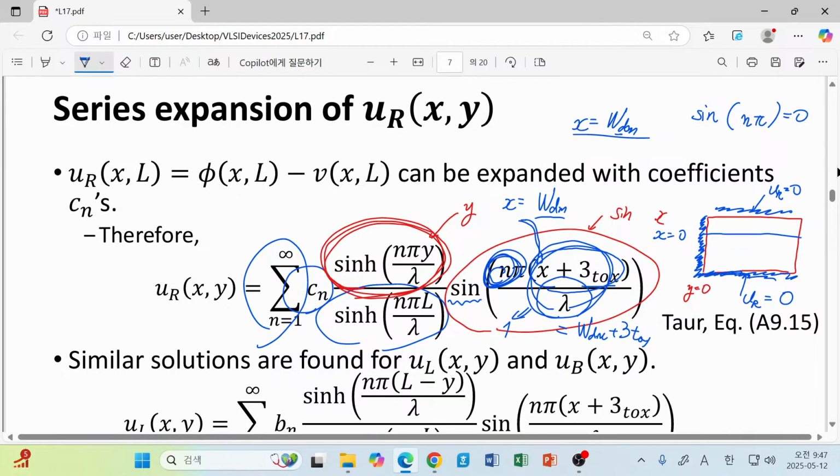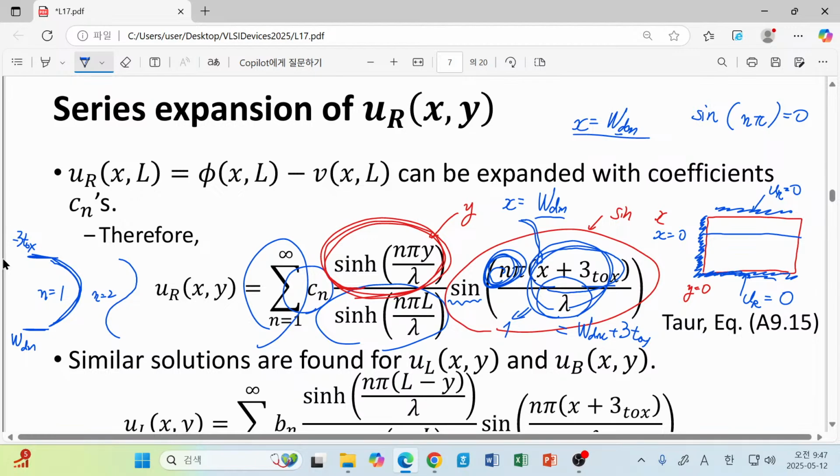If this mode is n equal to 1, we say that along the x direction this is just a half period. This is the top surface and bottom surface, and when n equals 2, it means that now we have a full period. This is minus 3 times T ox, and this is WDM.